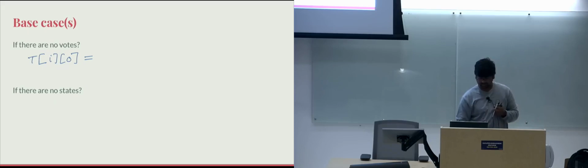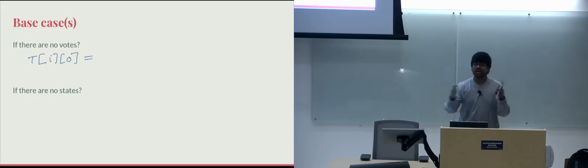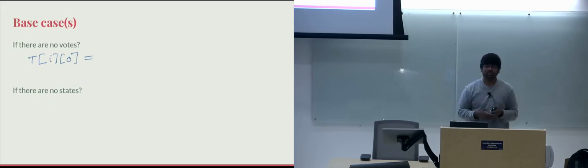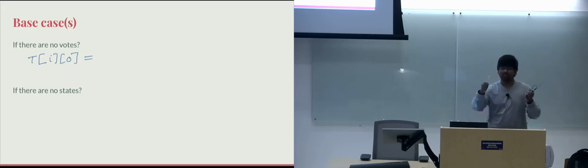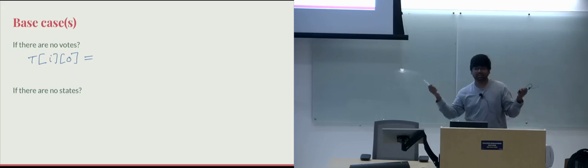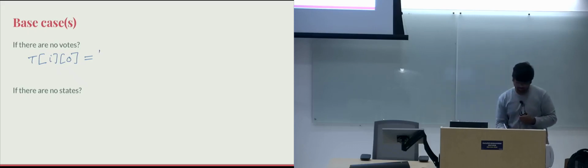Anyone want to take a guess? I'm basically saying you still have states, but you don't want to get any votes from them. So what is the number of ways in which you can do that? It's going to be 1, right? Everyone votes for the other guy, you get 0 automatically. There are no other permutations and combinations in this case. So it's going to be 1 here.